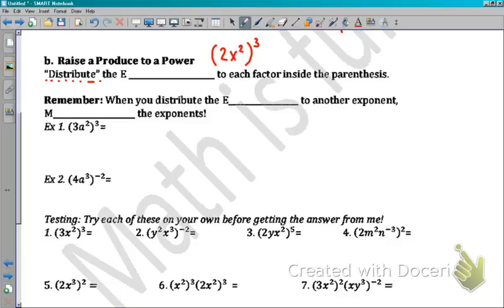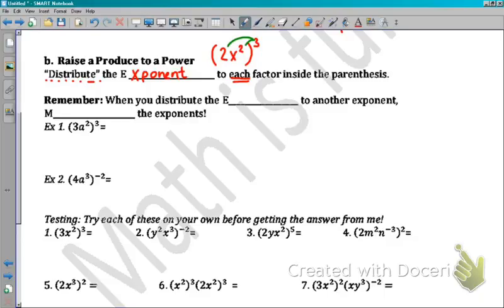You can look down at the examples. What you're going to do is you're going to distribute the exponent to each factor inside the parentheses. So in this thing that I just wrote here, I'm going to put this exponent of 3 on the 2. And I'm going to put the exponent of 3 here with the exponent that's already there.